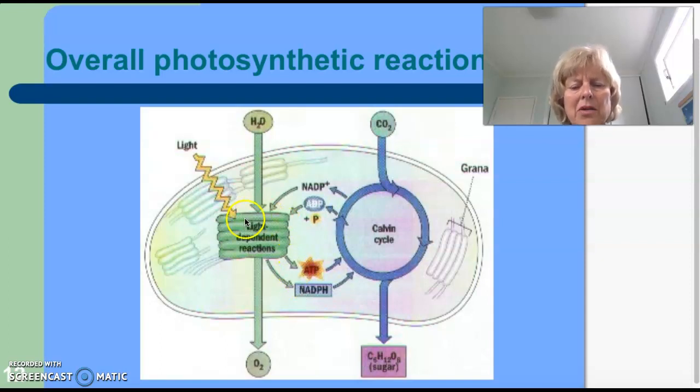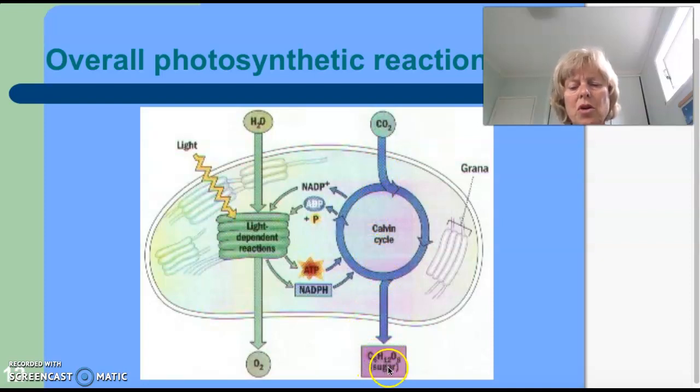So in the light-dependent reaction, the plant makes ATP and NADPH. Both of them get fed into the Calvin cycle. For the Calvin cycle, the plant also needs carbon dioxide. Now, when you look at the carbon dioxide, it's made up of carbon and oxygen, obviously. However, when you look at the sugar molecule, it's made of carbon and oxygen, but also hydrogens.